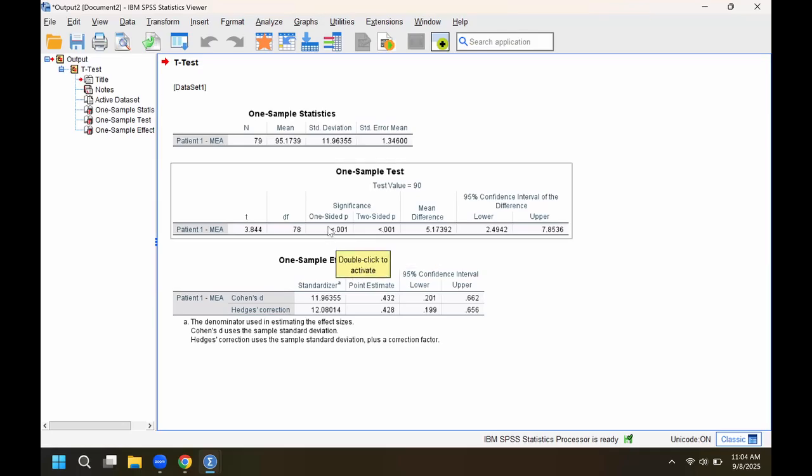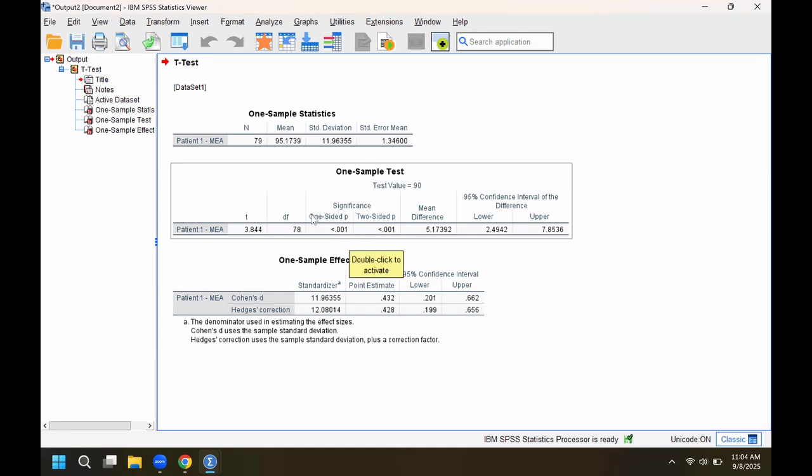And that is why I highlighted that keyword, higher than. So it means that directionality matters. The way in which the significance is pointing matters. Therefore, I am going to pick the one-sided p-value because it's higher than.